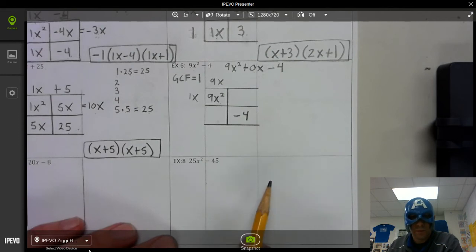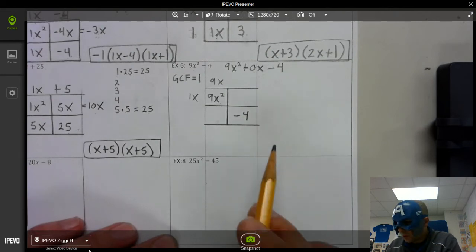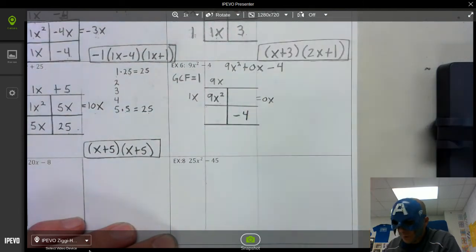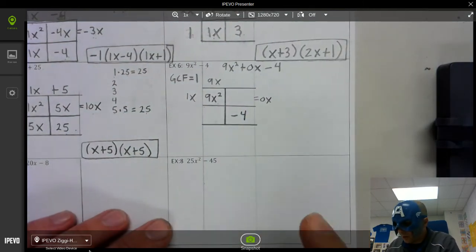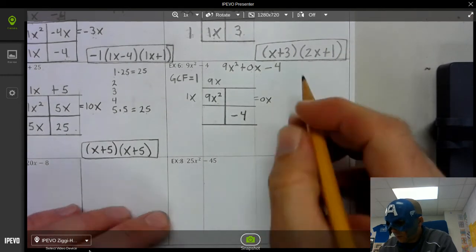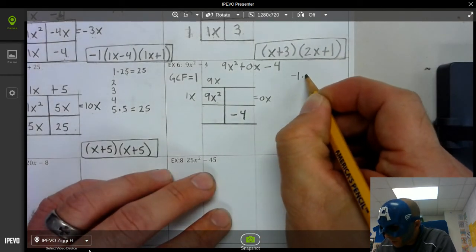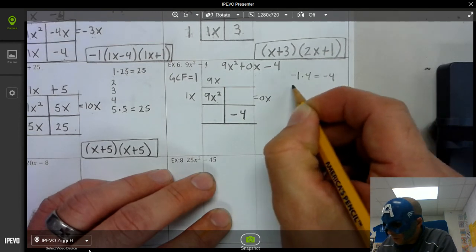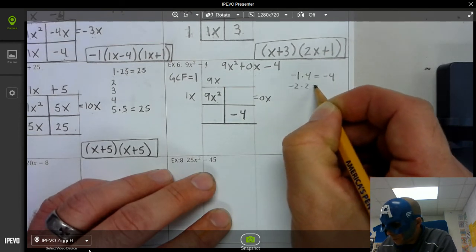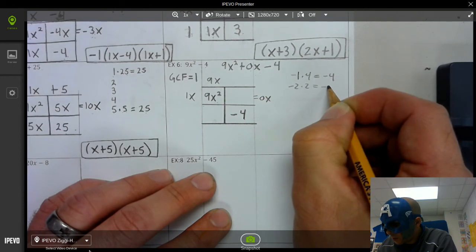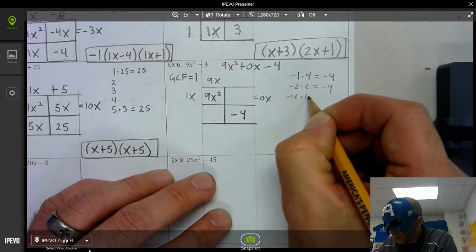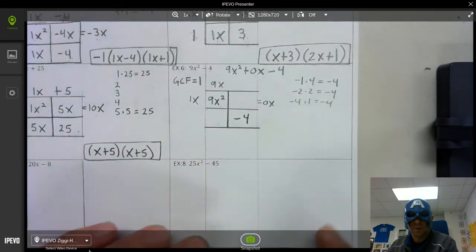So then you want 0x. Okay? So then you find the combination that gives you negative 4. Well, we know that negative 1 times 4 gives you negative 4. We know negative 2 times 2 gives you negative 4. And negative 4 times 1 gives you negative 4.